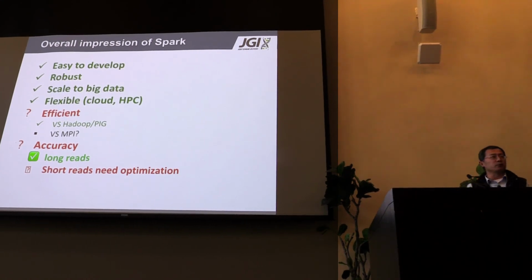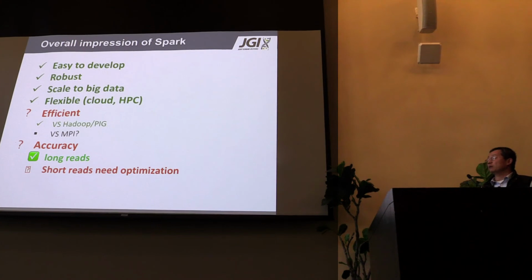And it's pretty robust. We're able to run this many times, and we seldom have the application quit. We also show that it can scale to big data. We haven't tried terabytes or petabytes yet, but with 20 nodes, we already scale to 100G, so we are pretty happy already.